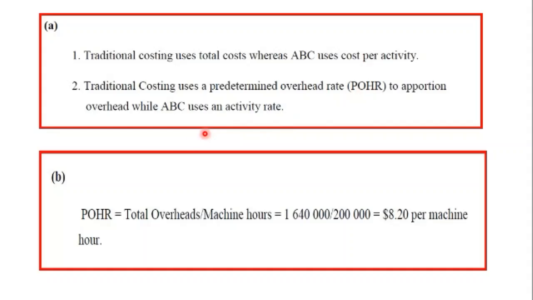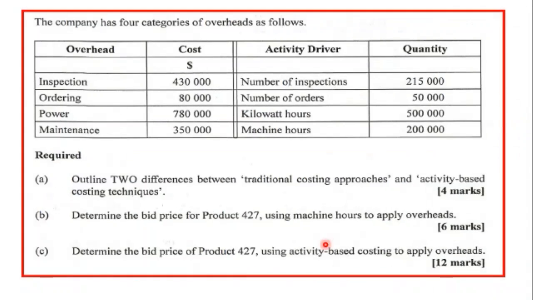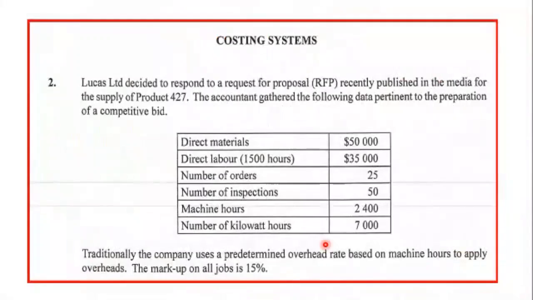Now, when we move to part B, the first thing we have to do is calculate the POHR before we could calculate the job costs for the bidding. So we'll back up a bit and look at the information we have for the POHR. The company uses a predetermined overhead rate based on machine hours to apply overheads.